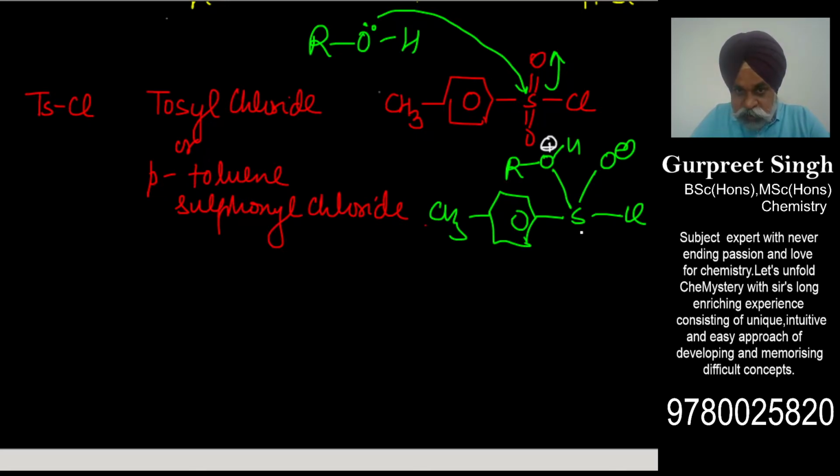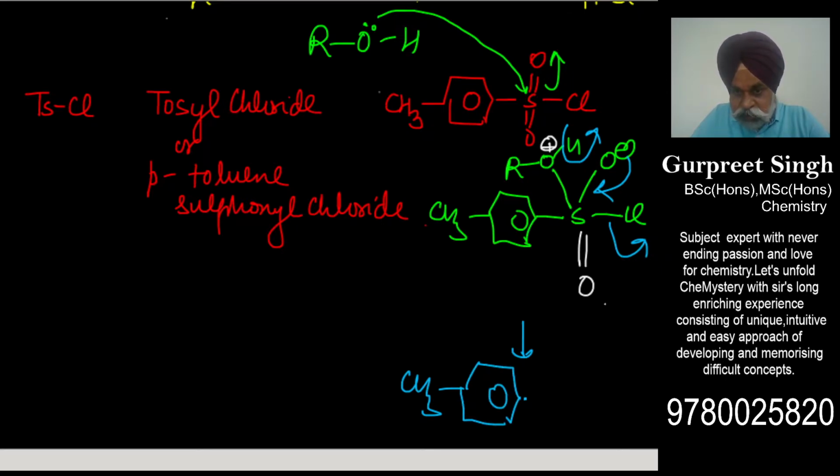Now you would be losing the H positive. H positive goes, this goes back, throws out the Cl negative. Cl negative goes out with the H positive, and the place where you attached the chlorine, you would now get the alkoxy part. This is the alkoxy part.